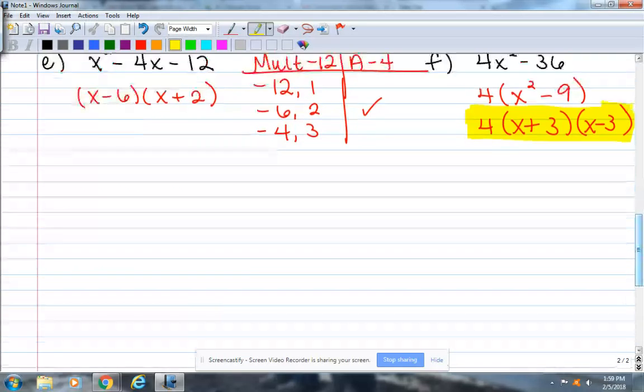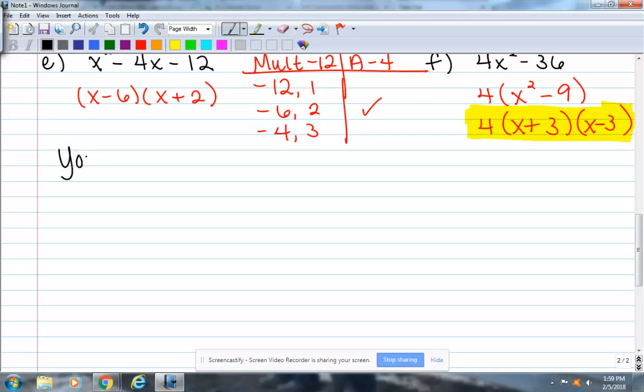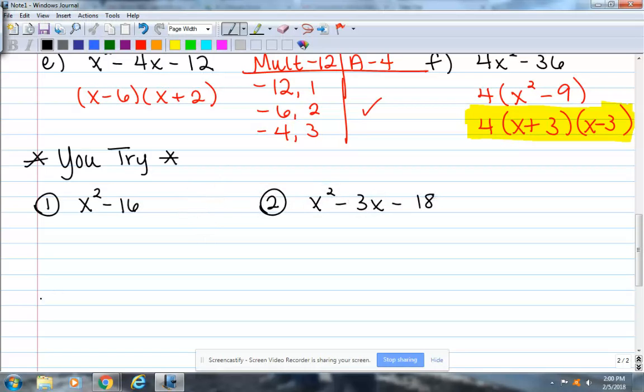All right, I'm going to give you some you tries, and I'm going to give you quite a few. So I want you to practice them real quick right now and make sure we know what we're doing. Follow all the rules, count your terms. Look for GCFs first. Well, you got to practice it.